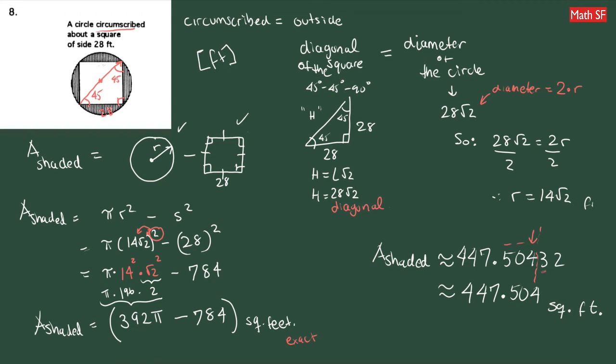So that's the final answer. You're going to give your exact answer and your approximate solution, and also remember that to find the shaded region, we needed to subtract from an entire circle and make a hole inside. That's what we're doing when we subtract that square.